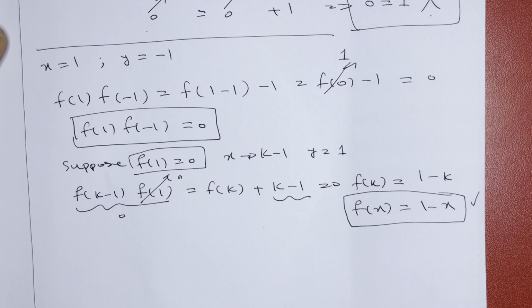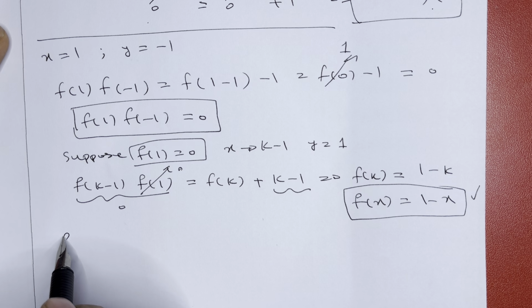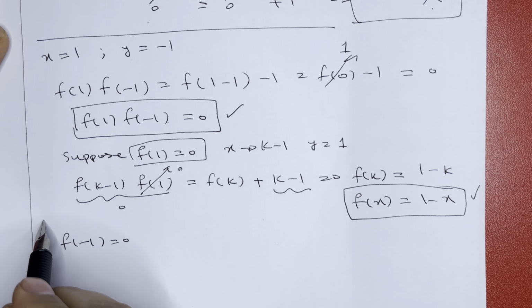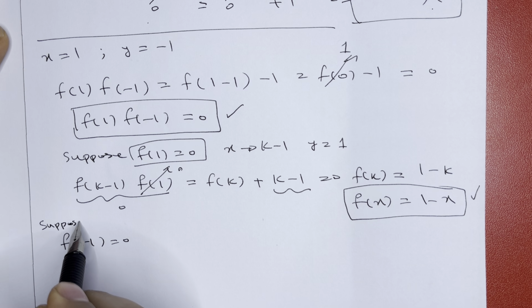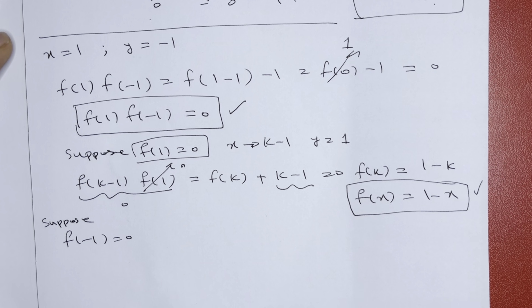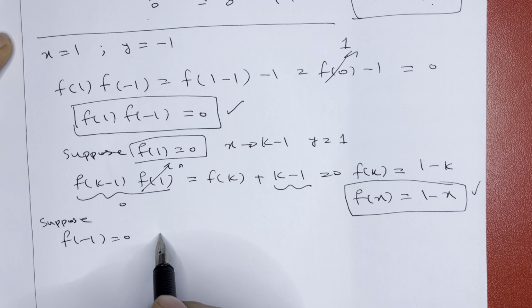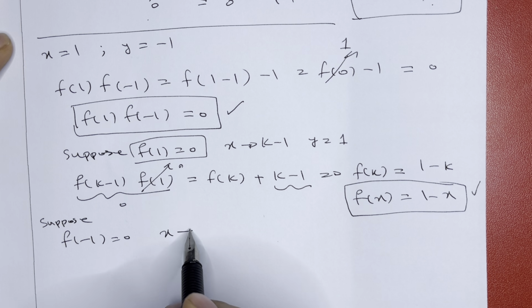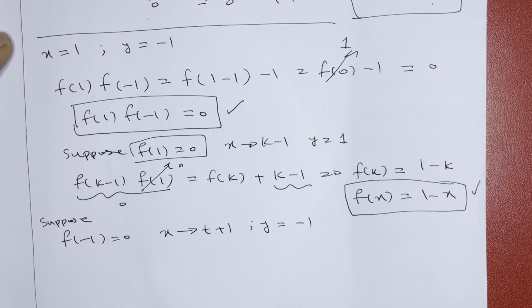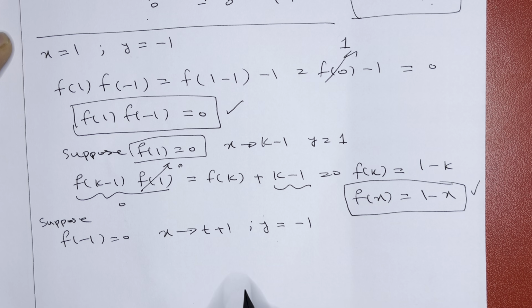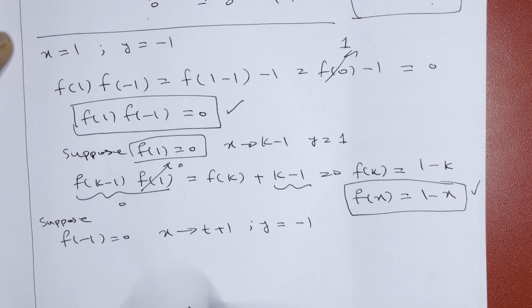The other one is if f(-1) equals 0, from this equation. So suppose f(-1) is 0. What happens here? Same scenario: instead of x, I'm going to put t + 1, and y is -1. Then I put it in the original equation.